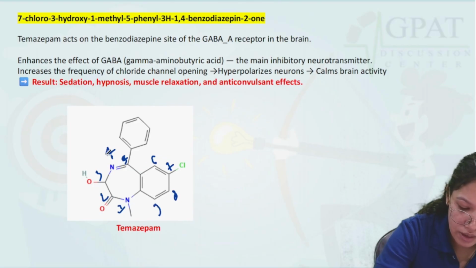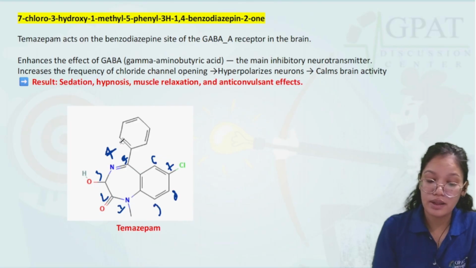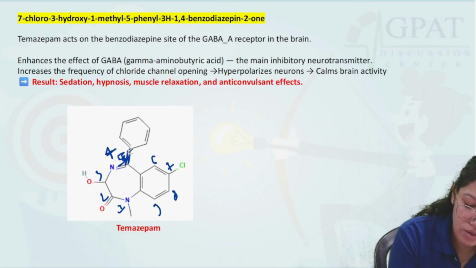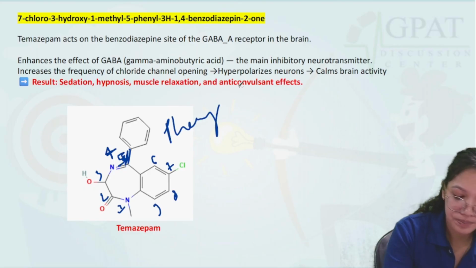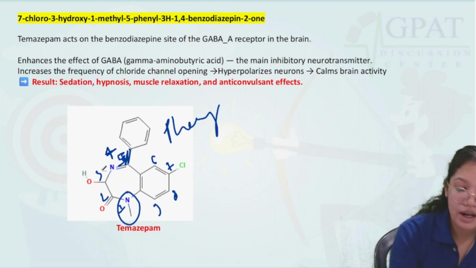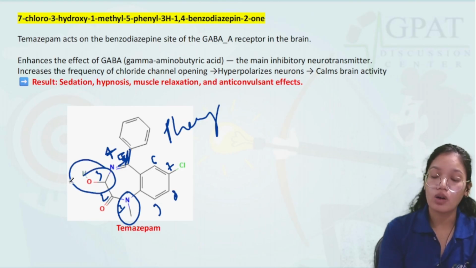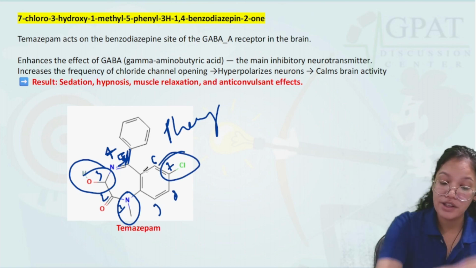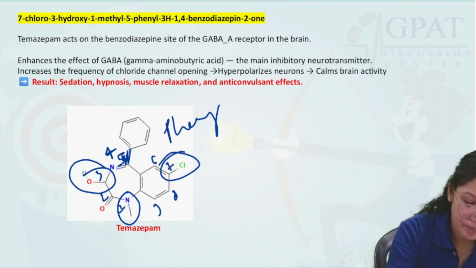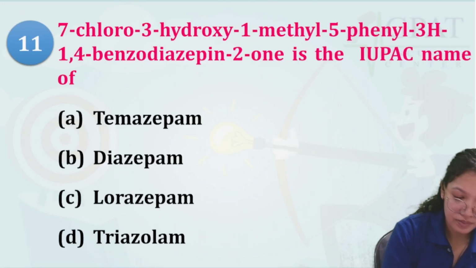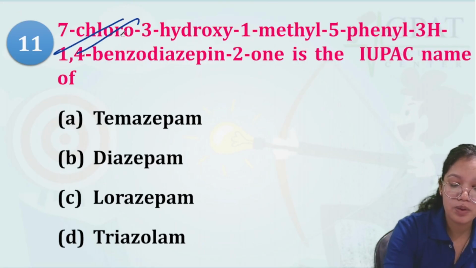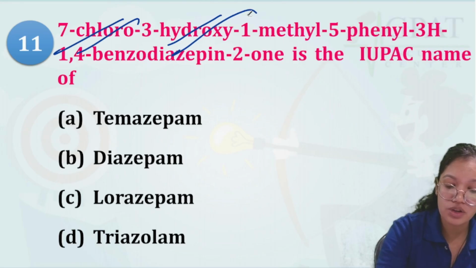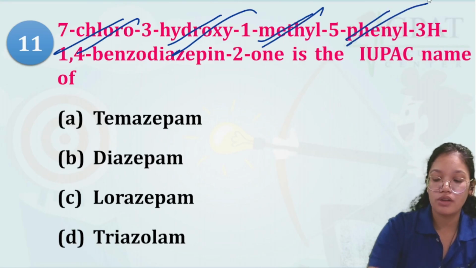Now in this numbering, at the 5th position we have a phenyl group attached, at the 1st position a methyl group, at the 3rd position a hydroxy group, and at the 7th position the chloro group in the benzodiazepine ring. So at 7th position chloro, at 3rd position hydroxy, at 1st position methyl, and at 5th position phenyl.